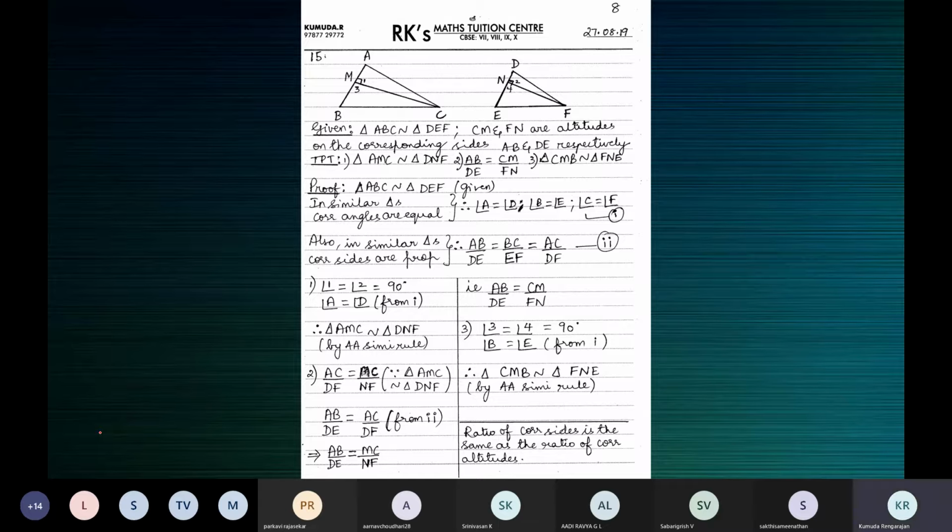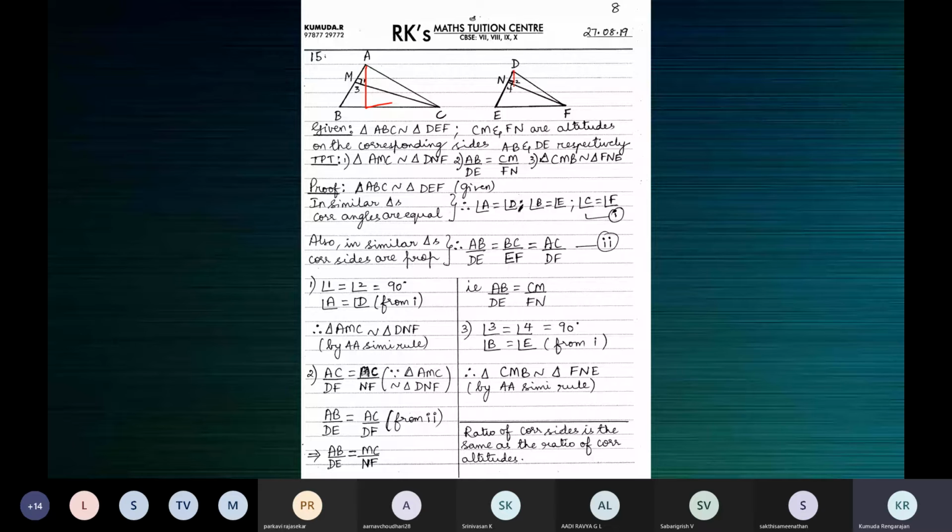So you will be given two similar triangles. You have to take up the corresponding altitudes. So you can draw the altitudes from A and D corresponding vertices, or from B and E, or from C and F. You can take this altitude.